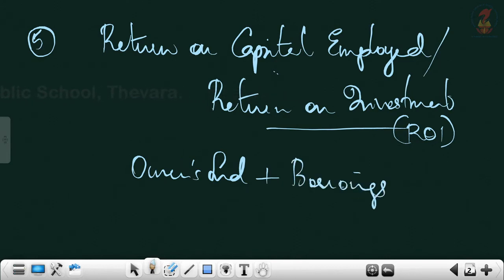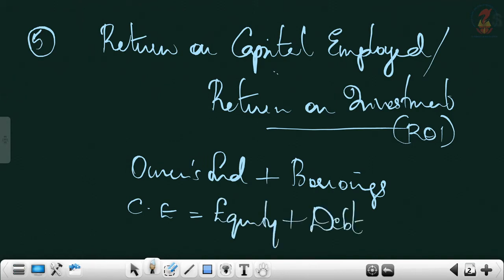So capital employed formula, this already we have written. Equity or owner's fund or shareholder's fund plus debt. Capital employed is debt plus equity.